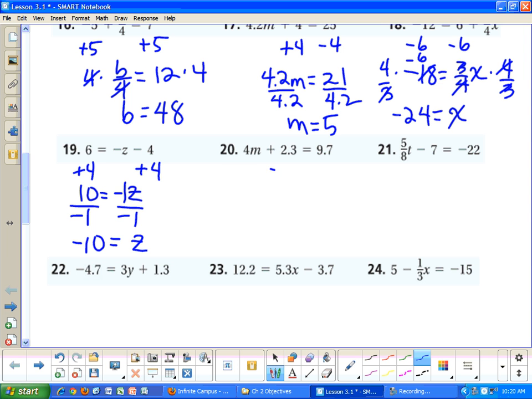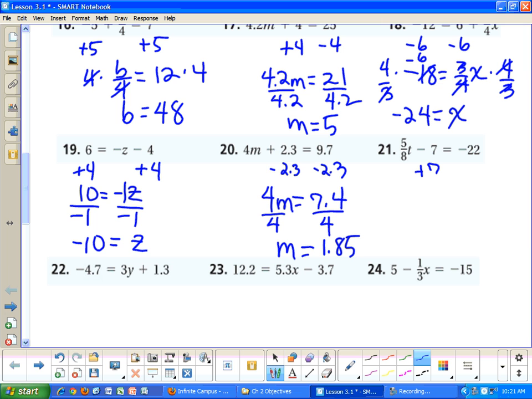On number 20, I'll subtract 2.3 from both sides, so I get 4m is equal to 7.4. Divide both sides by 4, and I get m is equal to 1.85.